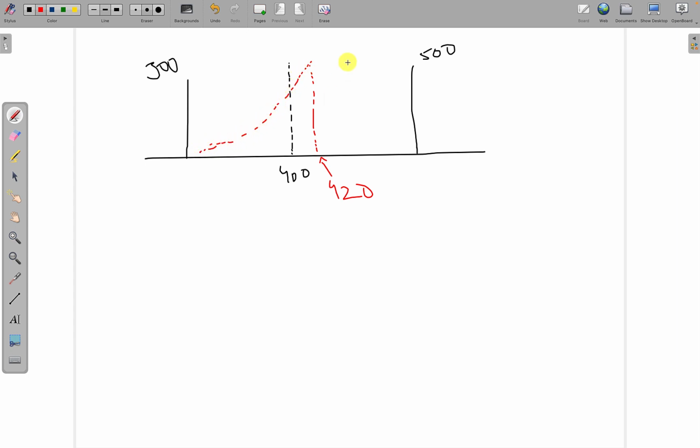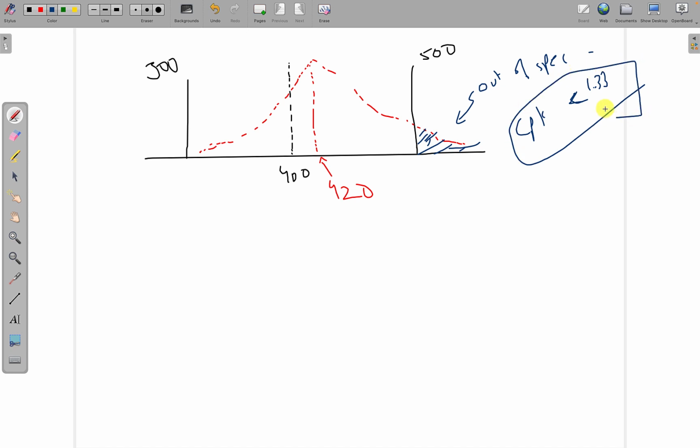So obviously there's variability in the process. Because of this variability, the process is producing a lot of out of spec parts right here, parts that have more calories than 500. How do we know it's producing out of spec parts? Because CPK is less than 1.33. At 1.33, you still have some errors, but very few errors.